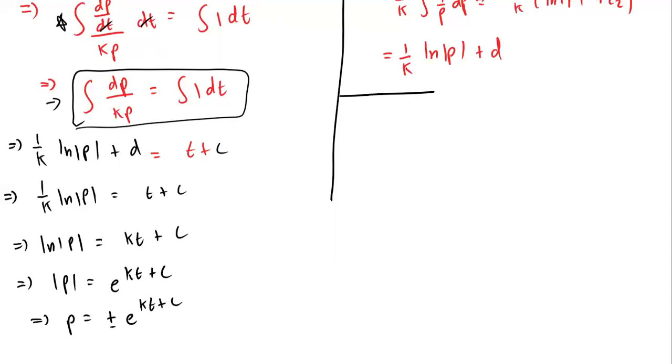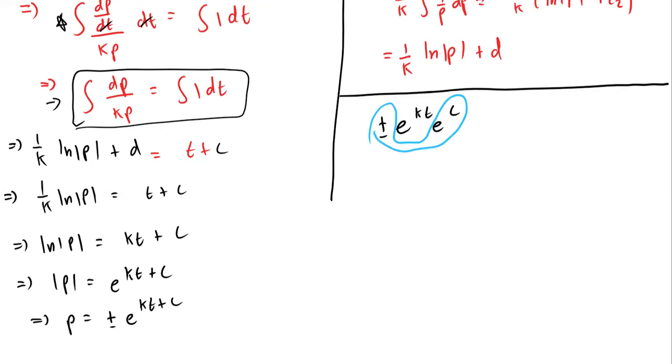Again, if you want, you can do the trick they do in the book where they write this as e to the kt times e to the c, right? So they use the product of exponents. And then they combine the plus or minus constant with the e to the c constant. Again, e to the c is arbitrary, times the constant plus or minus, it's arbitrary.